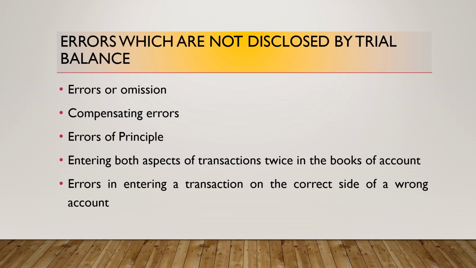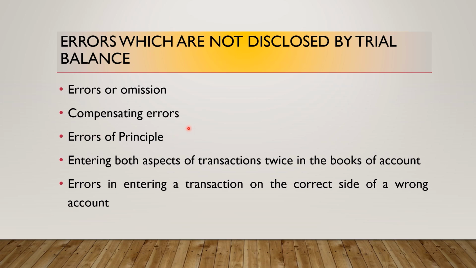Okay, now we also have a list of errors that are not disclosed by the trial balance. For example, errors of omission. You have left one journal entry. It has not been posted into the ledger and hence its effect is not there in the trial balance. So trial balance cannot talk about these errors. Compensating errors, we have discussed what are compensating errors.